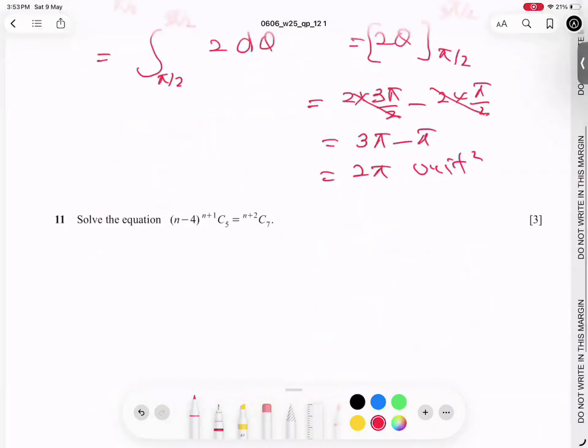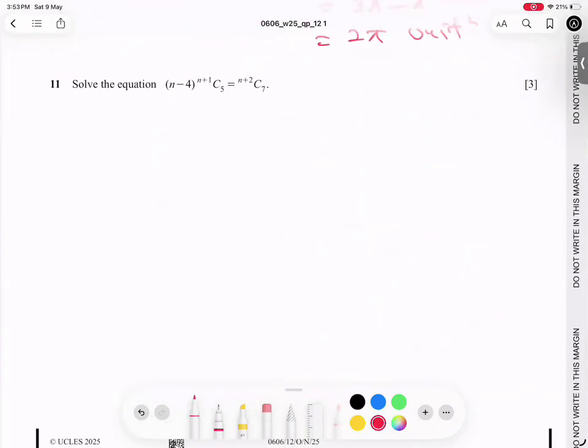Question number 11. First of all, I'll give a plan. The nCr formula is n factorial over r factorial times the factorial of the difference of n and r. So the same criteria I'm going to apply here. I'm writing here n minus 4, which is there already, times 2. What to write up and down you can see from here.